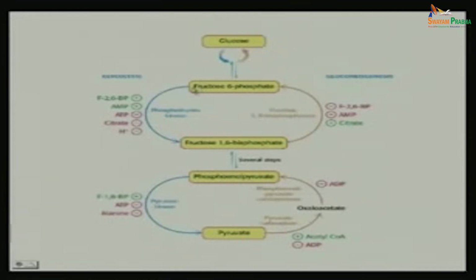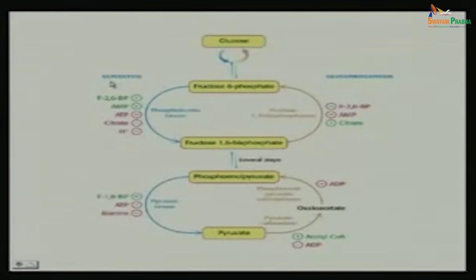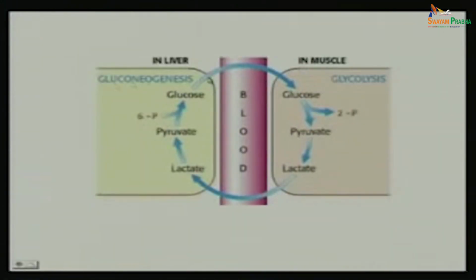These are the bypass reactions: fructose 6 phosphate formation from fructose 1,6 bisphosphate is one, phosphoenol pyruvate formation is another bypass reaction, and glucose formation is the third step, which is not similar to the glycolytic process. These are the dissimilarities of gluconeogenesis and glycolysis. Gluconeogenesis takes place in the liver, and glycolysis takes place in the muscle.